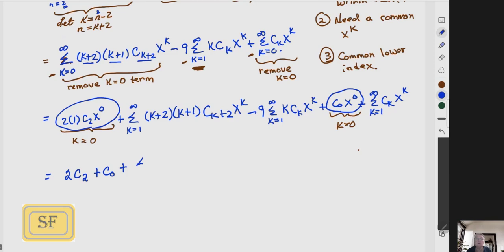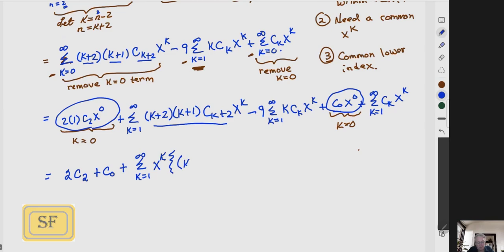And then when I combine the summations, I'll have the sum as k goes from 1 to infinity, and all of these summations will have a common x to the k. I'll factor out that x to the k, and then write what I have left.